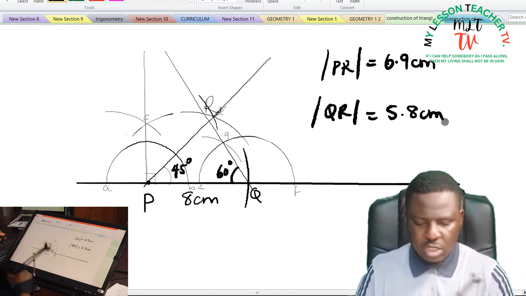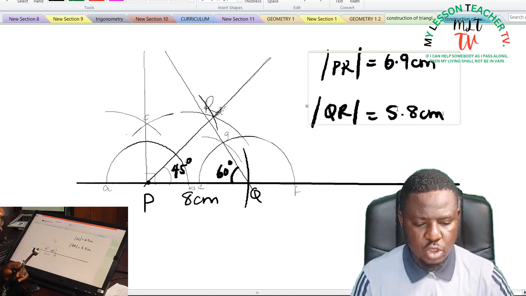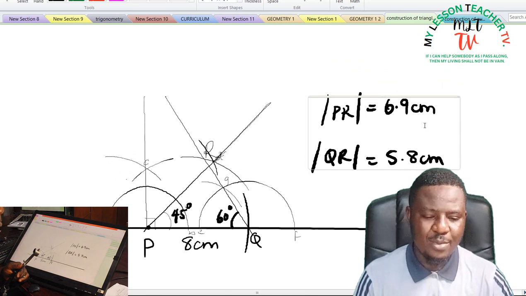So you can construct and let's see what you got as your own measurements.